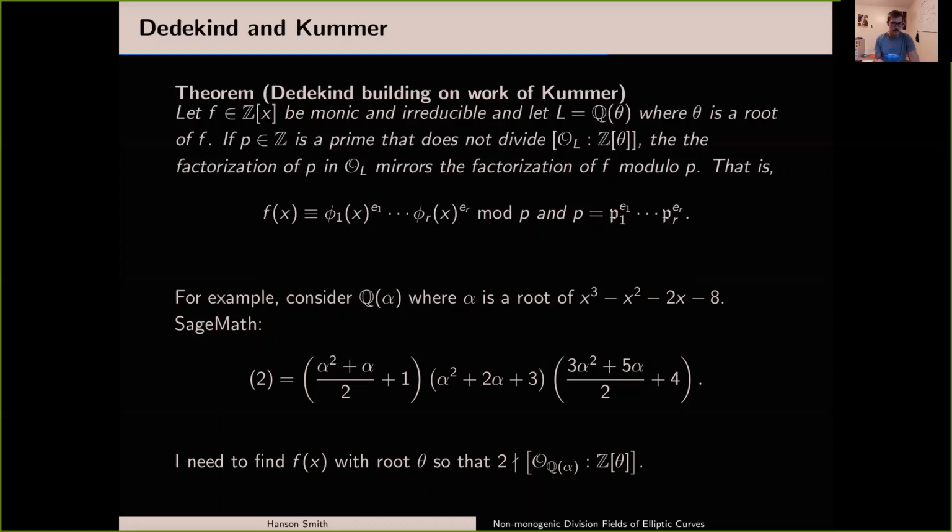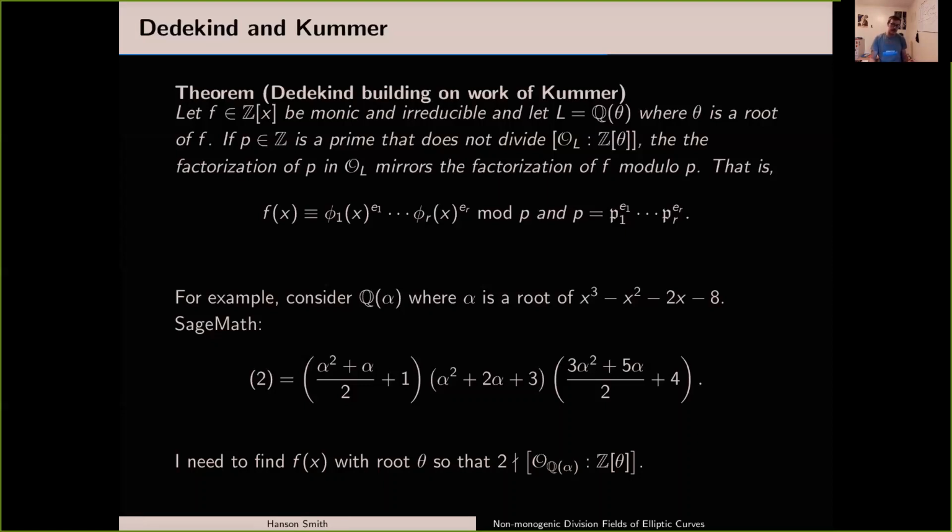So kind of working backwards from this theorem, if this number field's monogenic, then I can find a theta so that no prime divides the index of Z adjoin theta in the maximal order. In particular, 2 won't divide it.